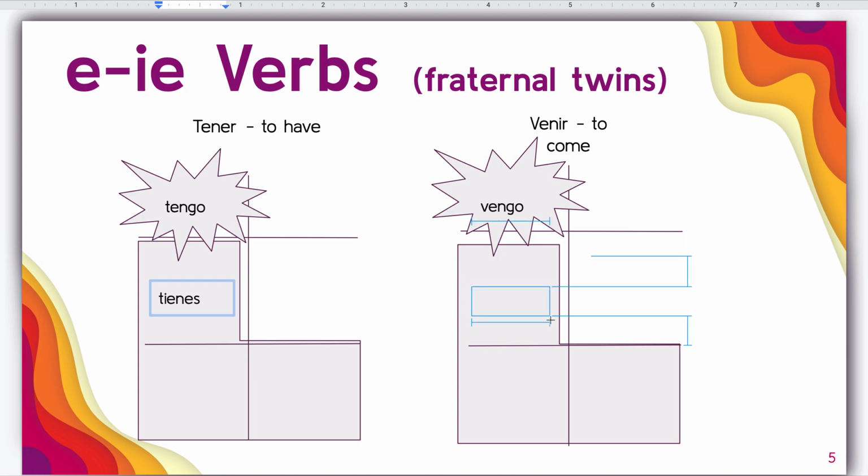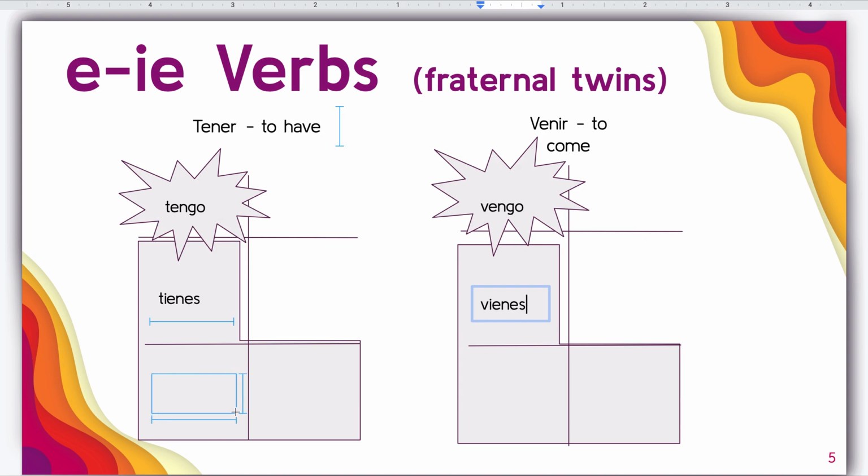So venir is going to look very similar, but it's going to have a V. So it is vienes. The usted of tener has the IE because it's in the L, is tiene. And the usted form of venir is viene.